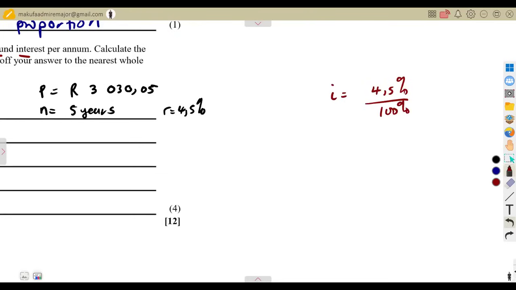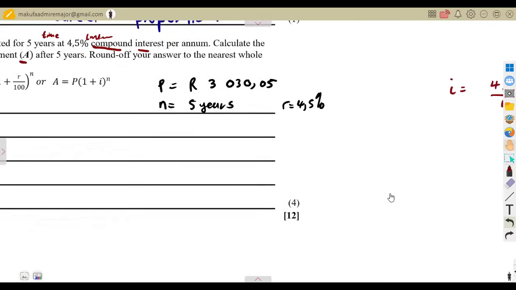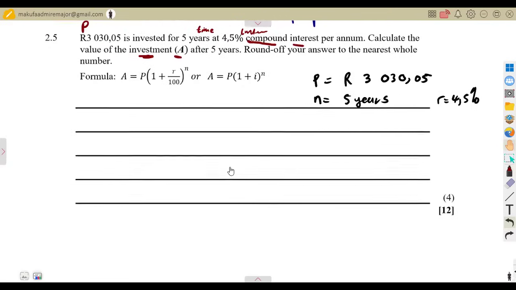So it's 4.5 over 100. You write it as a decimal, you remove the percentage, so that is going to be 0.045. That's for 4.5% if we take it as i like that. But if you use it as R here, you use it as it is.